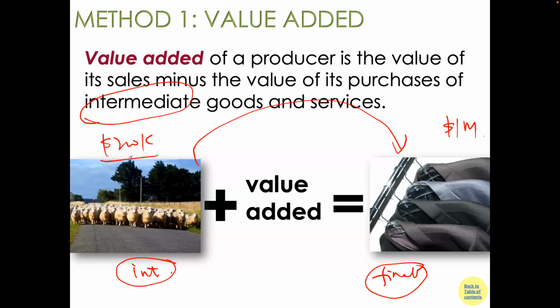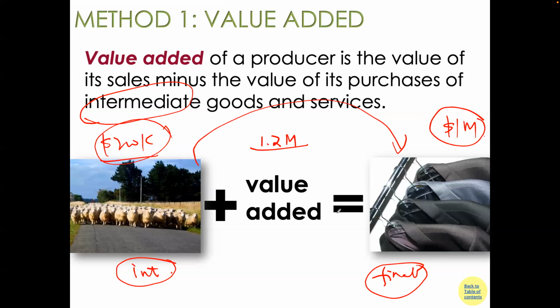If we naively sum together the value of goods and services, we'd say the GDP is 1.2 million. But clearly there's double counting, because among this 1 million, you have used this 200,000.